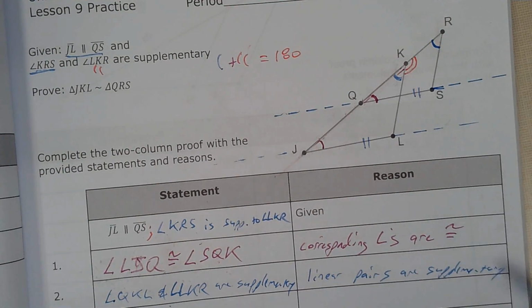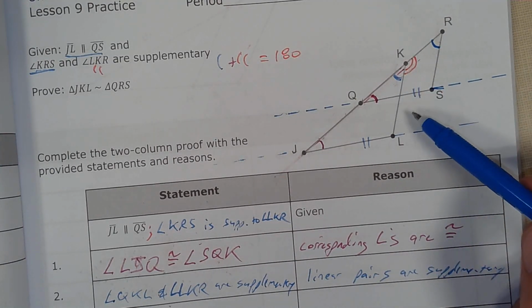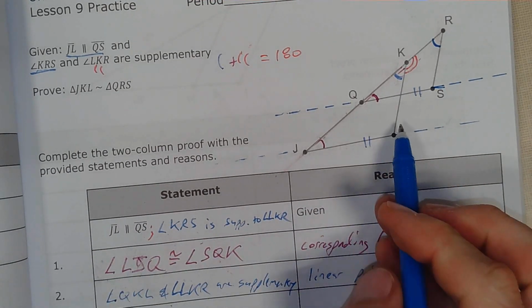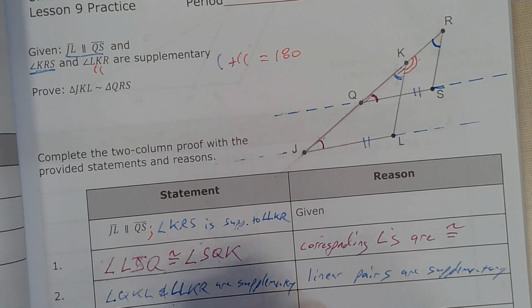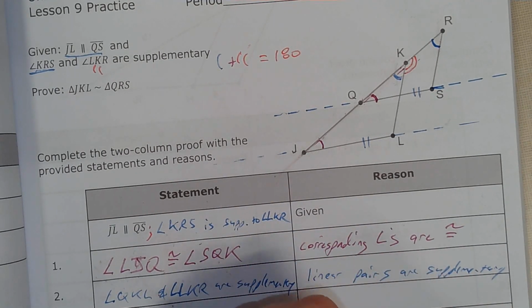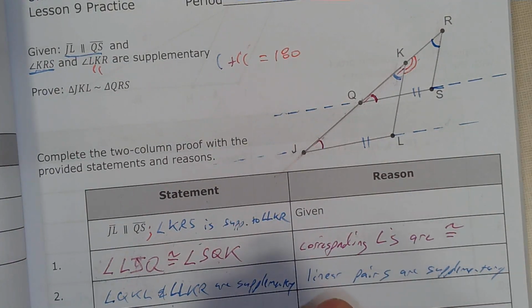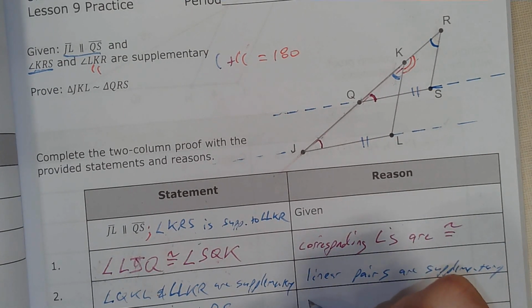Yep, because linear pairs are supplementary. So I'm going to say that angle LKQ is congruent to angle KRS because of the congruent supplements.